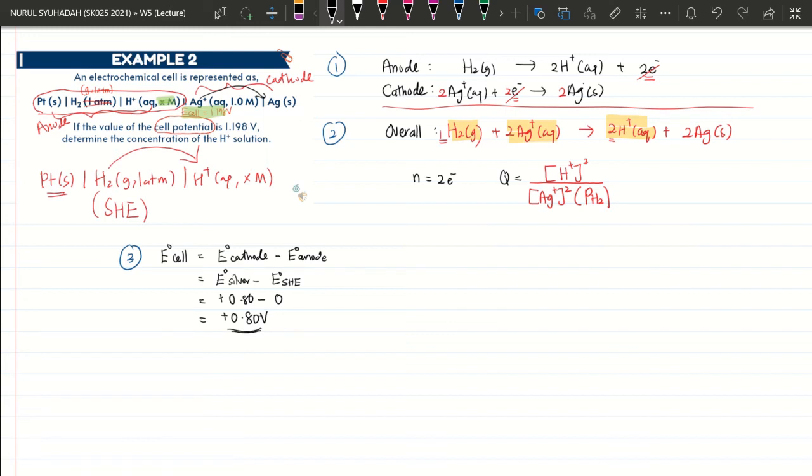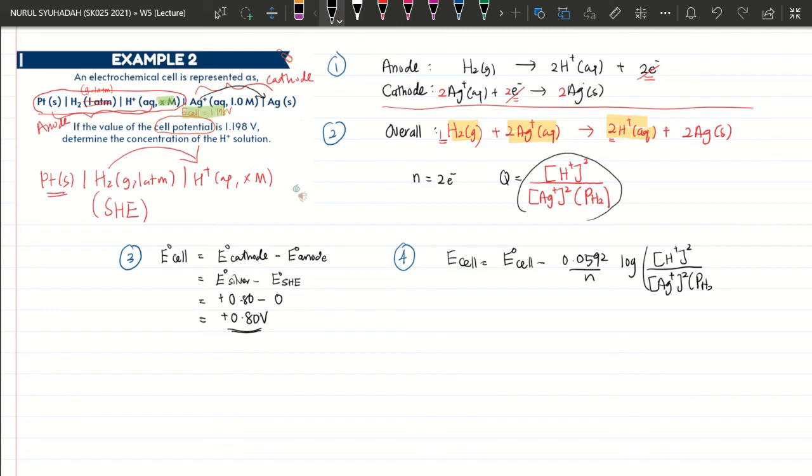Okay, next, step number 4. Write down the Nernst equation first. So E cell equals E0 cell minus 0.0592 over n log Q. So write everything that you have over here: concentration of H+ to the power of 2 over concentration of Ag+ to the power of 2 and partial pressure of H2.